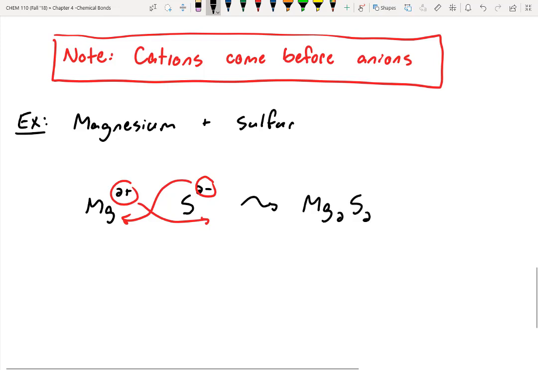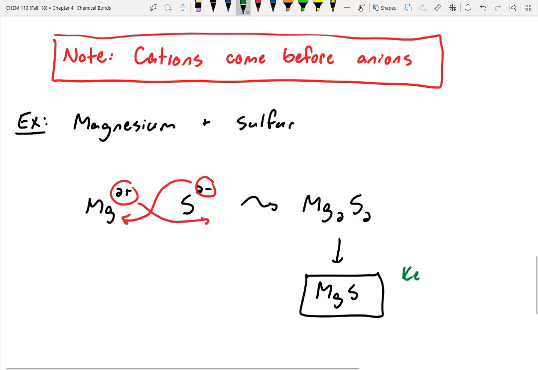Do you think this is the best way to represent this? Yeah, I would just switch this to MgS, right? We want to go with our least common denominator. It's already canceling out, so we know it's in a 1-to-1 ratio. So instead of showing it this way, you'd say MgS because we know it's a 1-to-1 ratio.